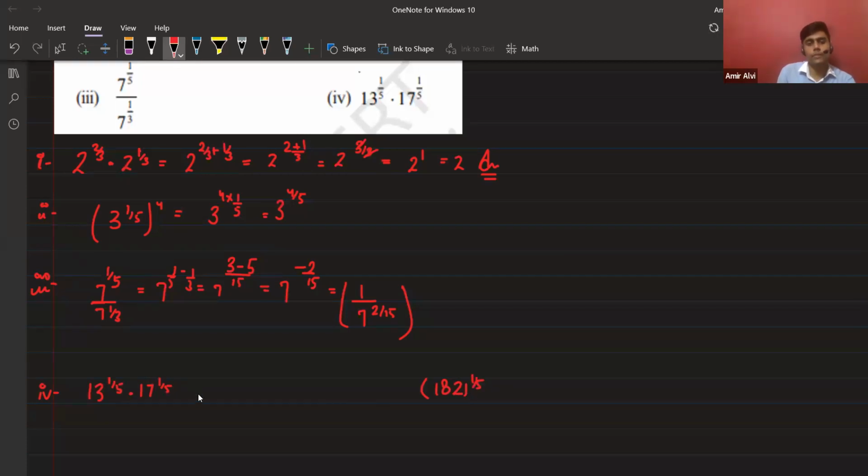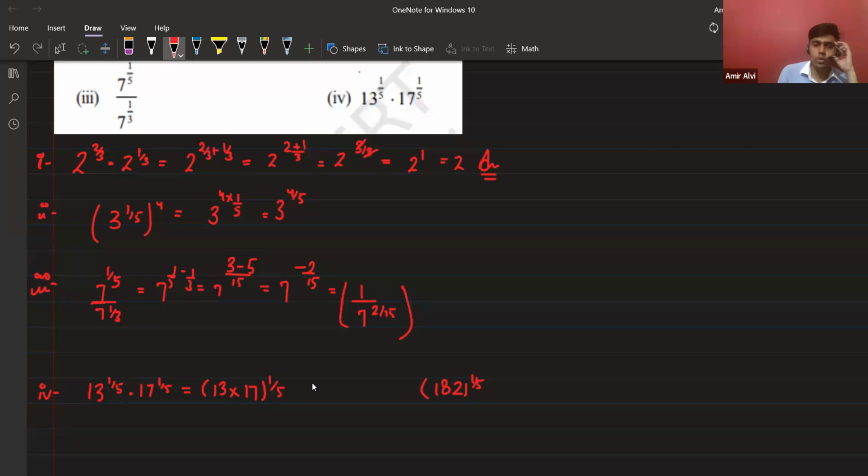Okay, Simrat. So let's find out whether it is correct or not. What you will do basically is multiply 13 into 17 in a bracket and take 1 by 5 as the whole power.